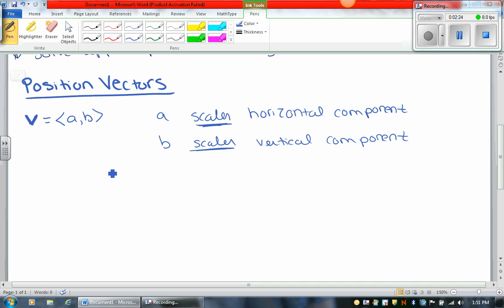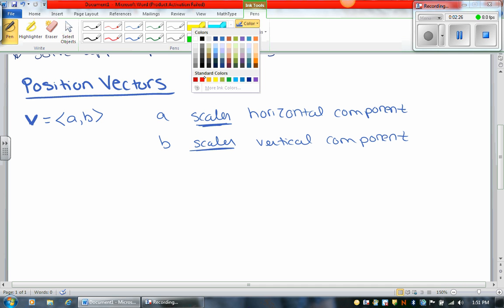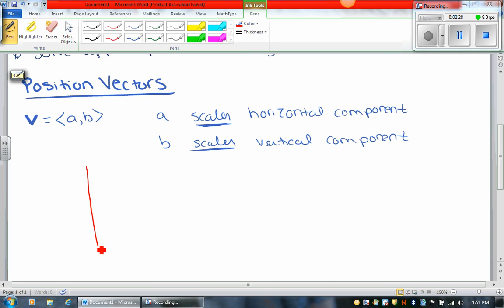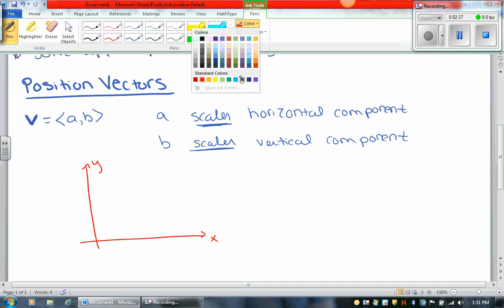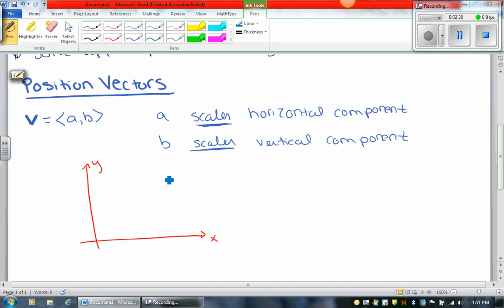So what this might look like graphically, so let's say I'm on my xy coordinate plane. And my vector may look like this.